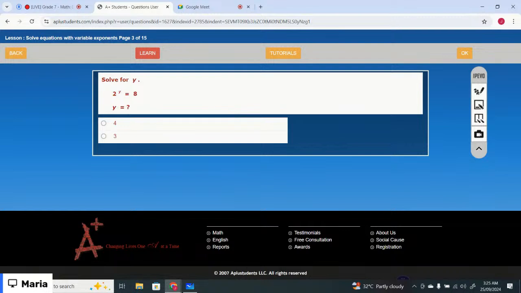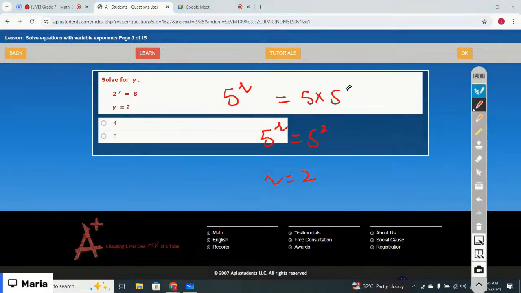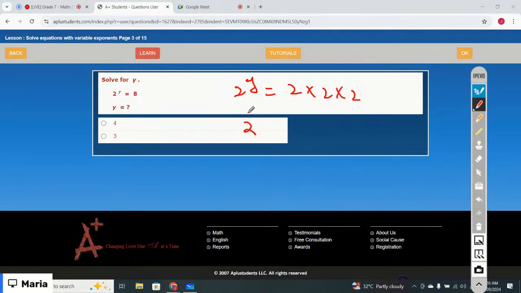Solve for y. 2 exponent y equals 8. So which is the correct option? That is 2 exponent y. 2 times 2 times 2, right? That's how you write it. So 2 exponent y equals 2 exponent 3.